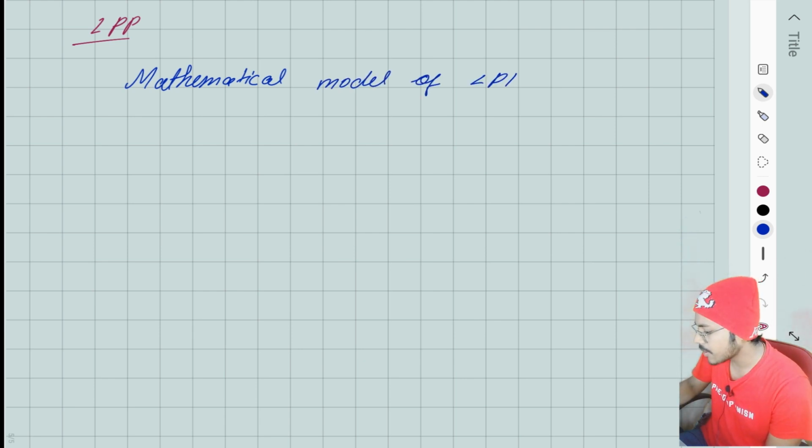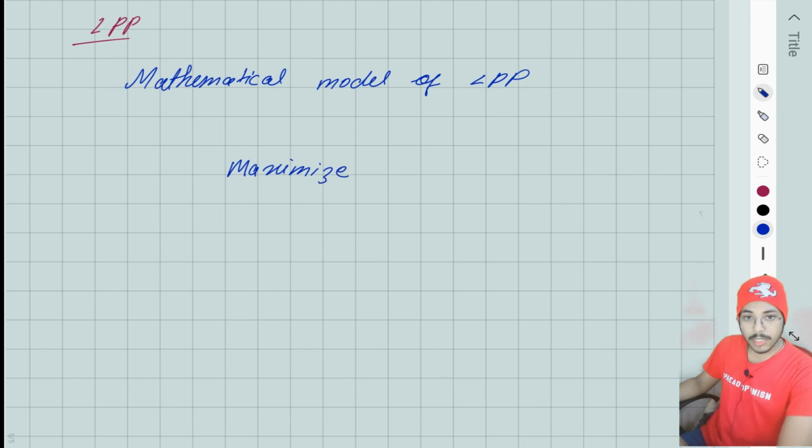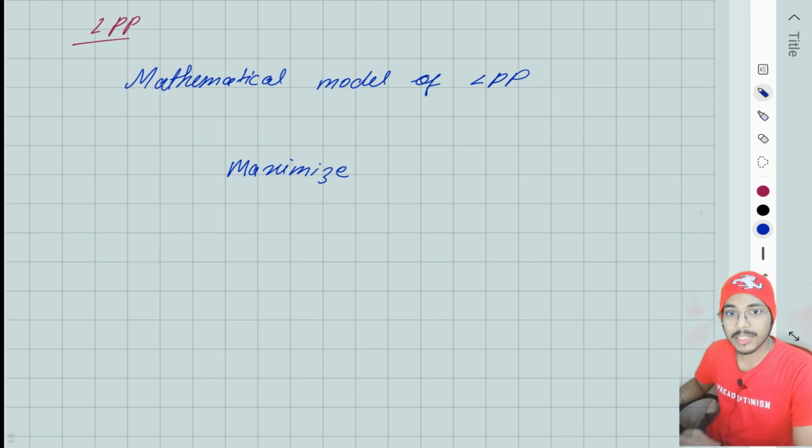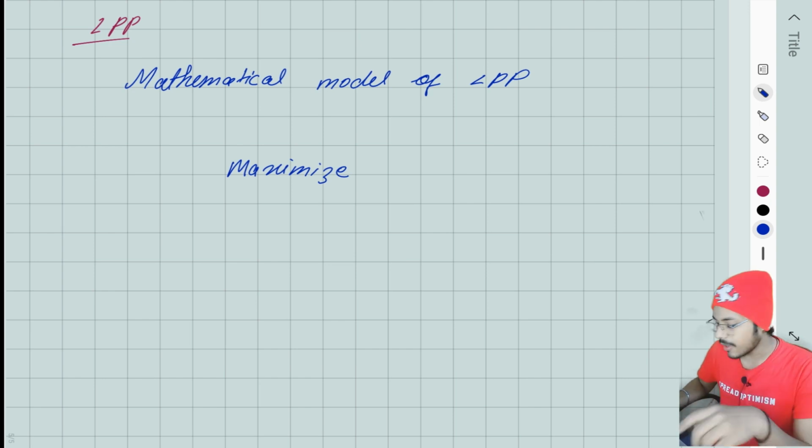We have to maximize. Sometimes we need to minimize as well, but as we have seen in the previous question, there was a case of profit, so we need to maximize the profit. Or you can minimize as well. When it comes to the resources, we try to minimize the resource, whereas we want to maximize the profit.